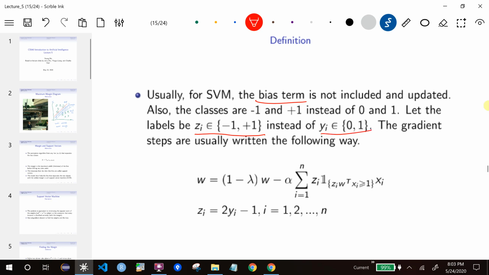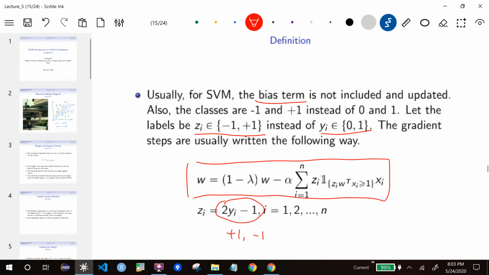We used to use 0 and 1, but when we're talking about support vector machines, we usually just use 2y - 1, either +1 or -1 as our label. That would be one choice. Then the gradient descent step can be written very neatly like this.